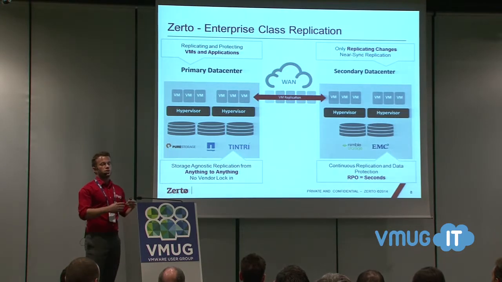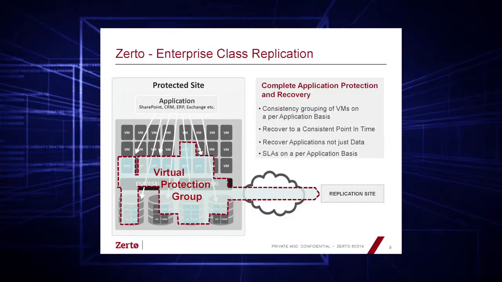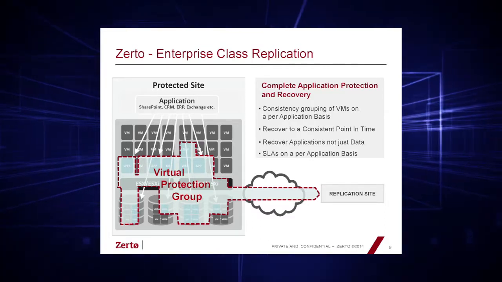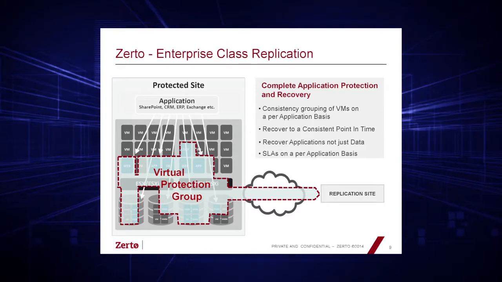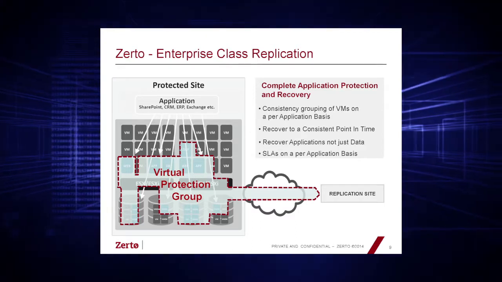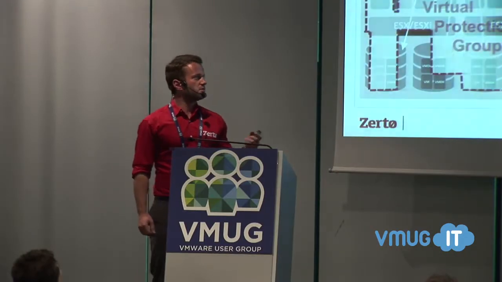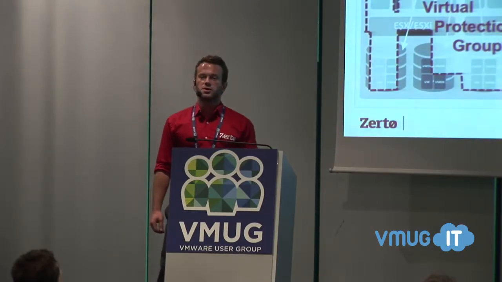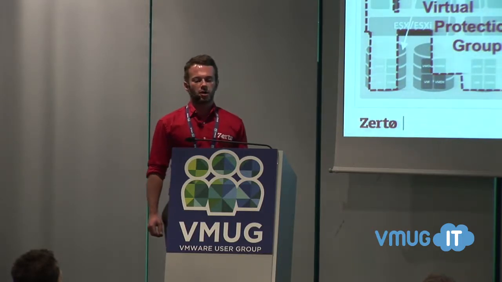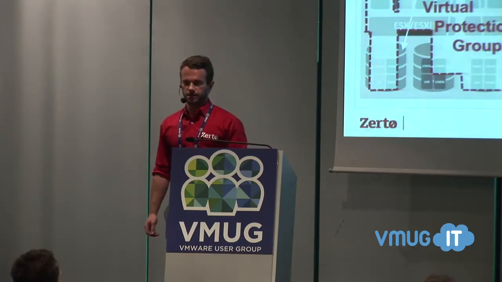Now, I mentioned the challenge was protecting virtual machines, but what we see in enterprise environments, as the size grows, is typically enterprise applications which are made up of multiple virtual machines. In Zerto, we have the concept of a virtual protection group, which is a consistency grouping of the virtual machines on a per application basis, which allows you to recover them all to the same consistent point in time.